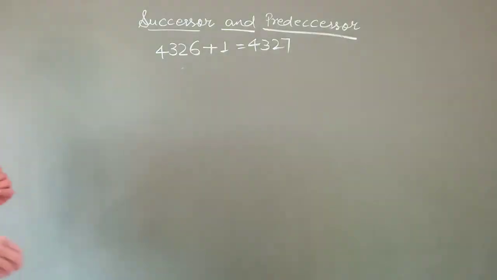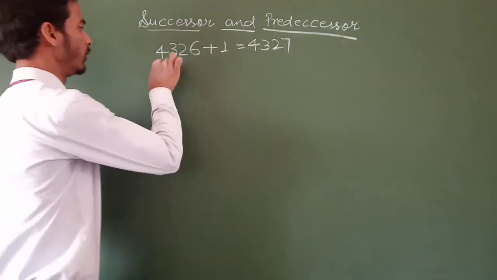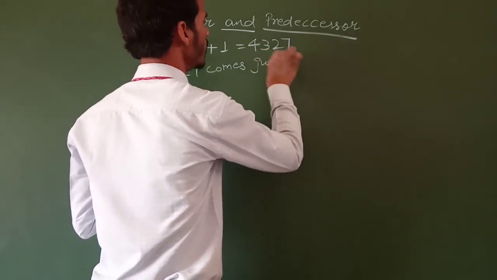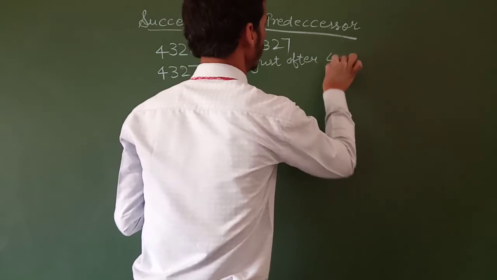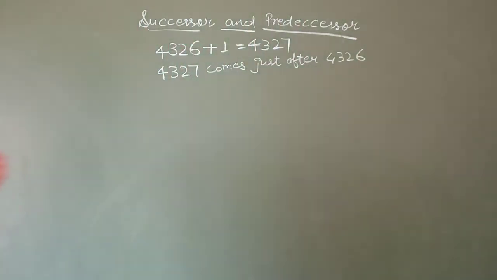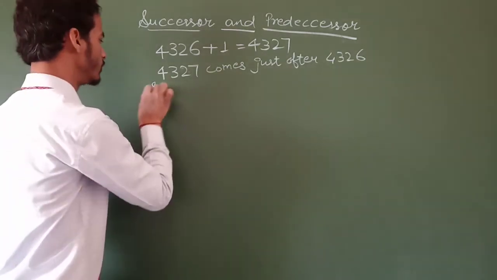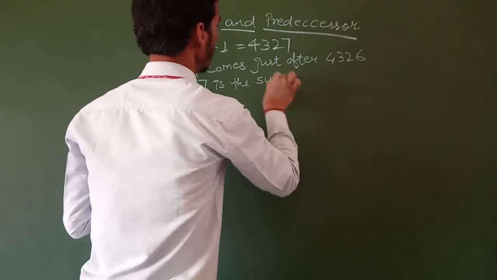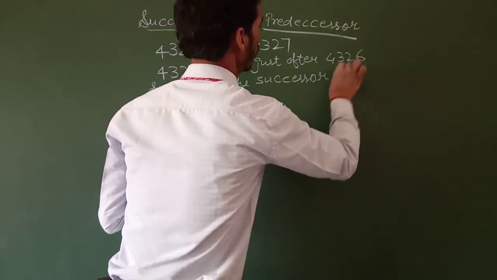So we can say that 4327 is the successor of 4326. 4327 comes just after 4326. So 4327 is the successor of 4326.